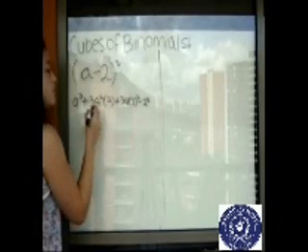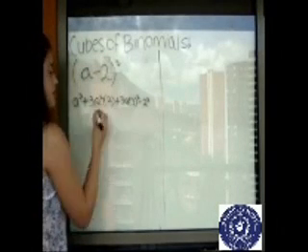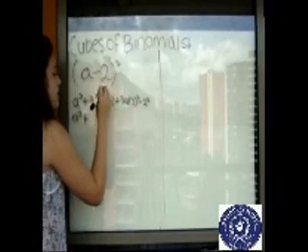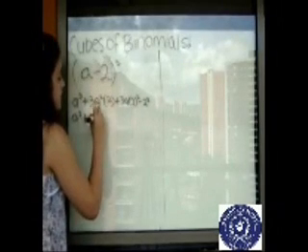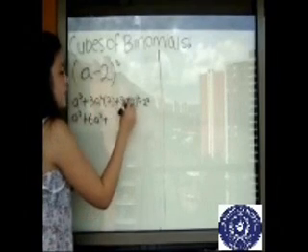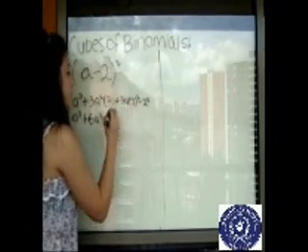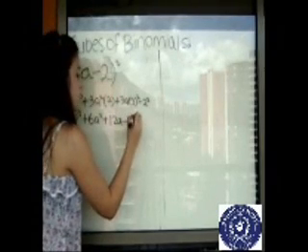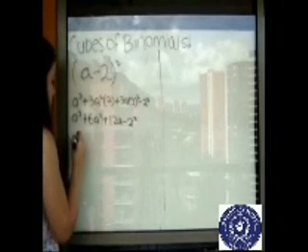Okay, we're going to start by solving this parenthesis. A cubed plus 3 times 2, 6a squared plus 2 times 2, 4 times 3, 12a minus 2 cubed.